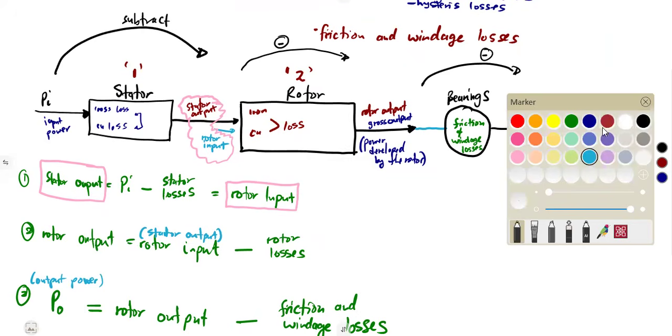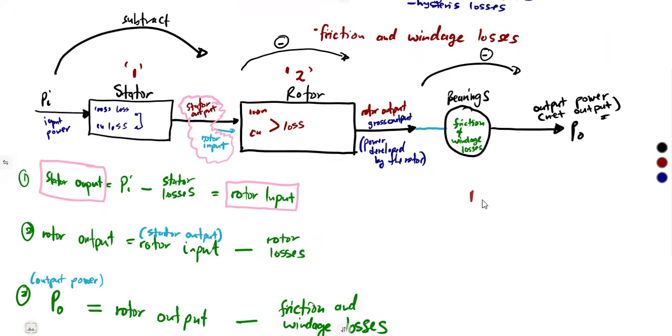So we can conclude that in actual sense, comparing input and output, the input is actually greater than the output. It's bigger than the output power.